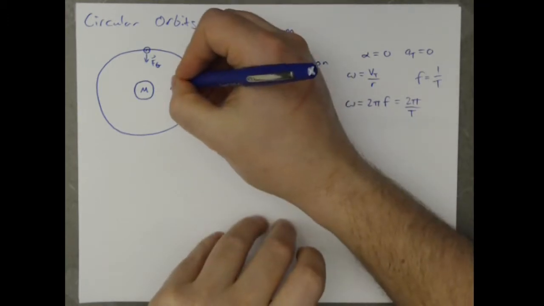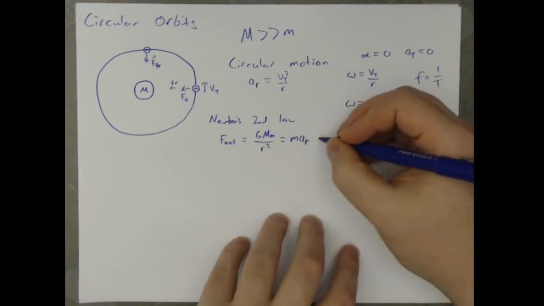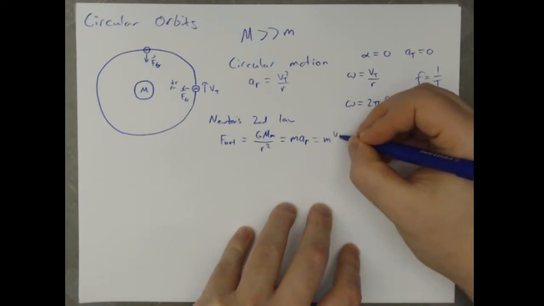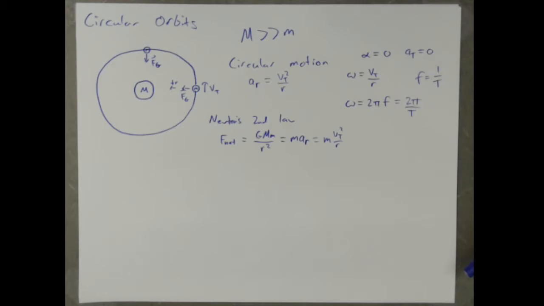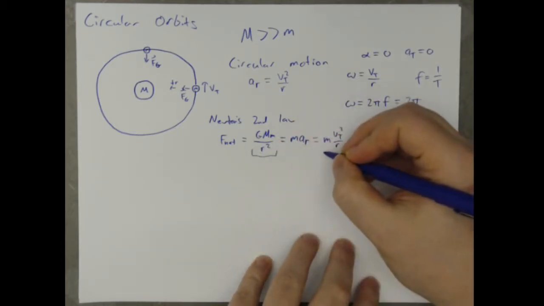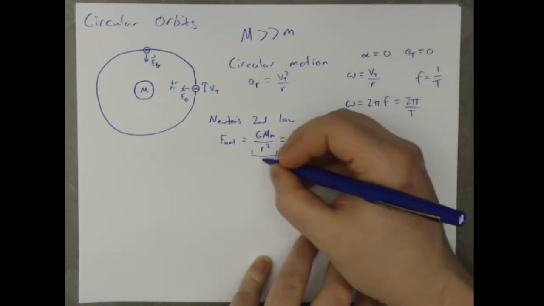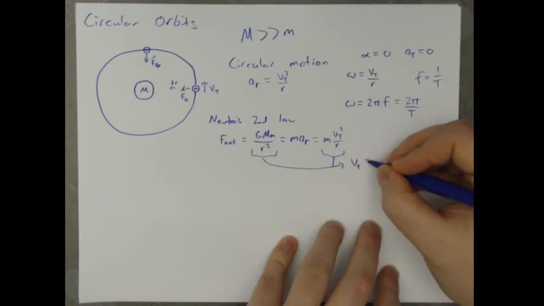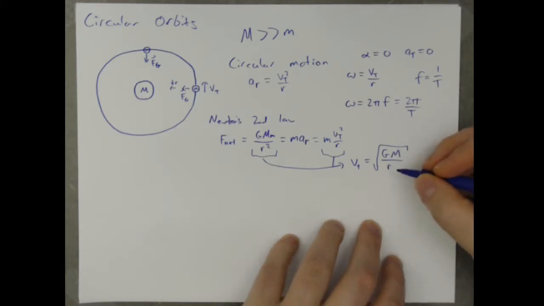So positive direction is pointing towards the center there. So when we look at this, remember we can also use this definition up there, that's m times the tangential velocity squared divided by the radius. So we can take these two parts and just equate those. We'll notice that the masses cancel, and combining these, we get that the tangential velocity is going to be equal to the square root of the gravitational constant times the mass of the big object in the center divided by the radius of the orbit.